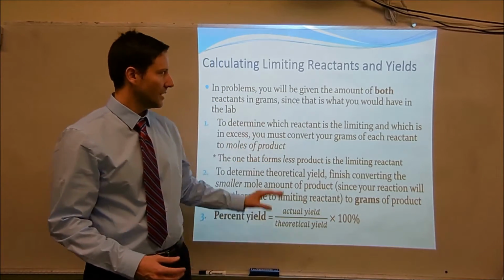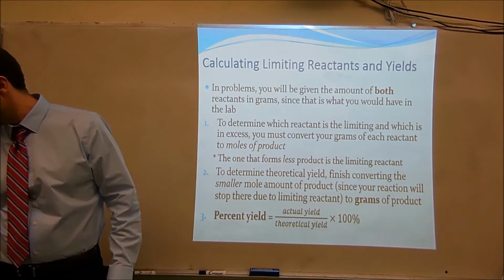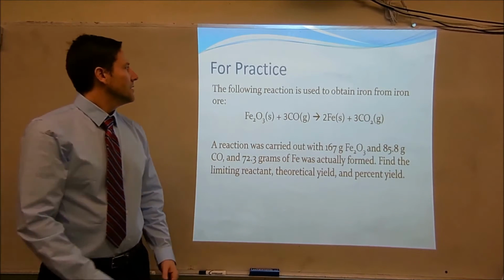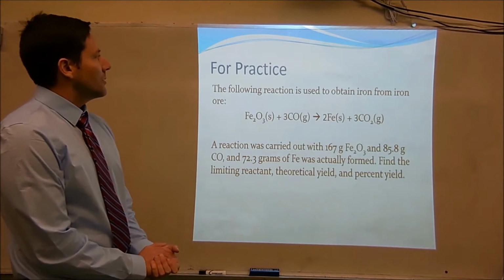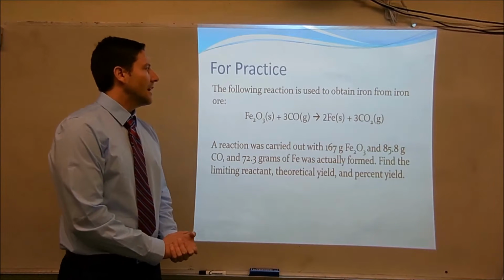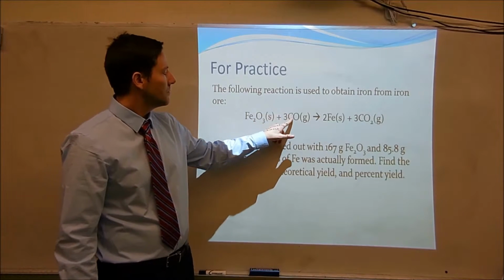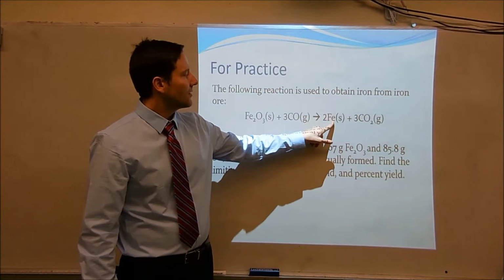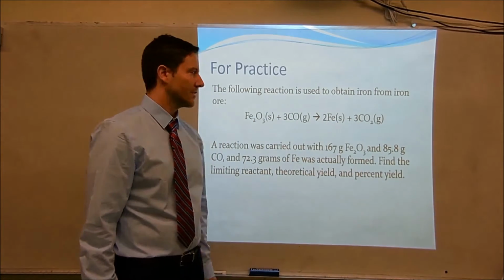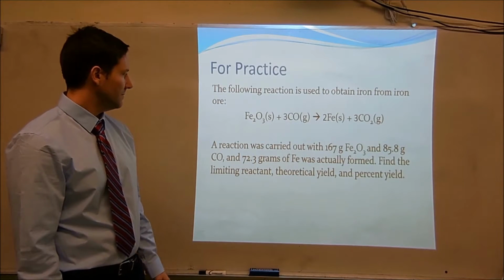So let's do an example of calculating limiting reactant. Here's a practice problem. The following reaction is used to obtain iron from iron ore. You have iron(III) oxide plus carbon monoxide makes solid iron and carbon dioxide, and this is a balanced chemical equation.